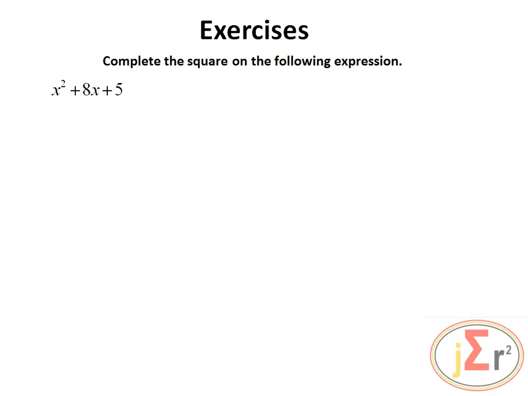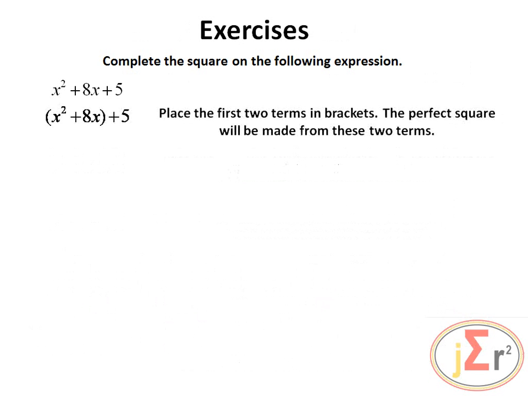So we're going to complete the square on the following expression, which is x squared plus 8x plus 5. In order to do that, what do we do? We know that we have to have a perfect square. Now, remember that in the previous example, the adjustment was made to the last number at the end.